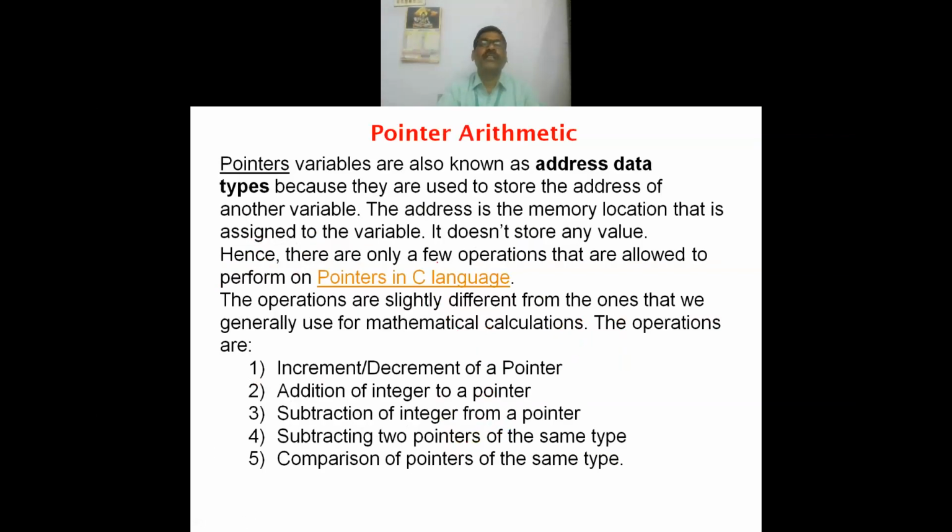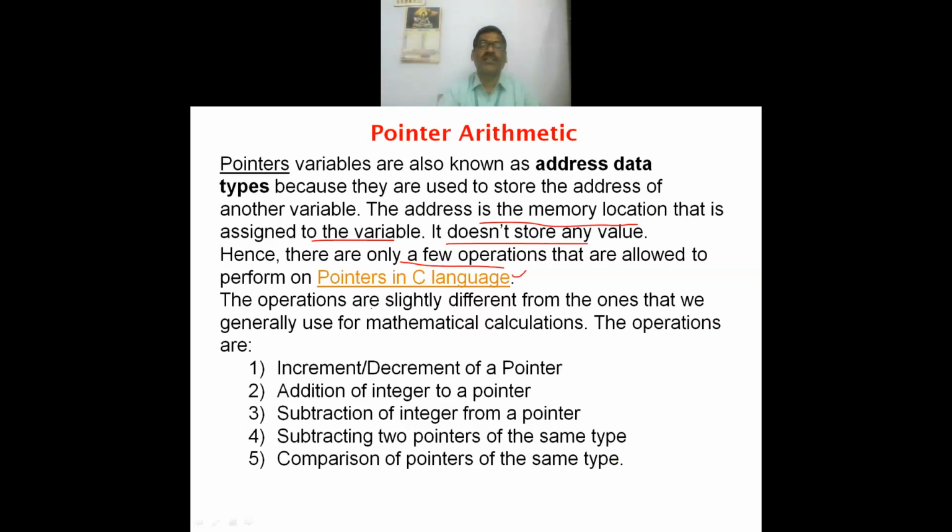So, pointer arithmetic. Pointer variables are also known as address type variables because they are used to store the address of another variable. The address is the memory location that is assigned to the variable, and we have seen that it is always an unsigned integer and does not store any value. Hence there are only a few operations that are allowed on pointers.